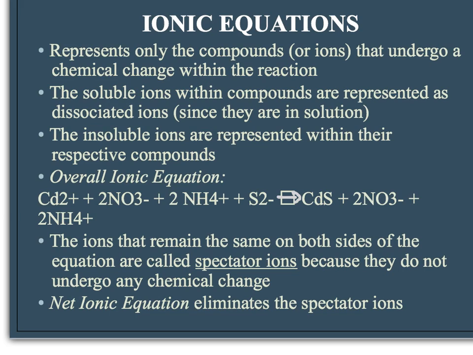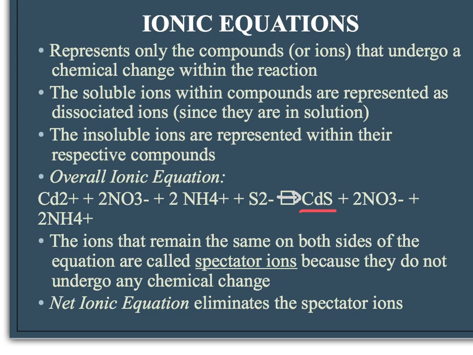Anything that's soluble gets shown as an individual ion. Anything that's insoluble, which we saw here, cadmium sulfide is insoluble, so we represent it as a compound. There's no individual ions left in the solution after this reaction takes place.